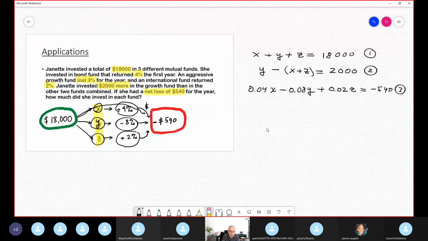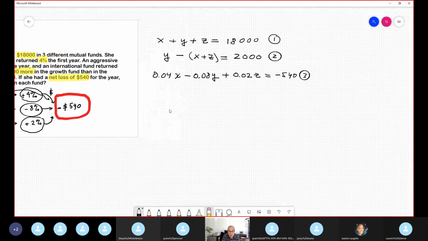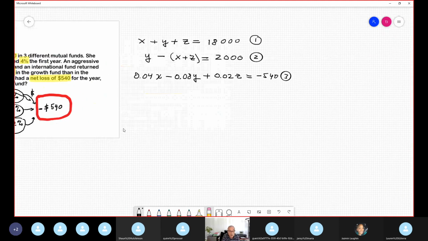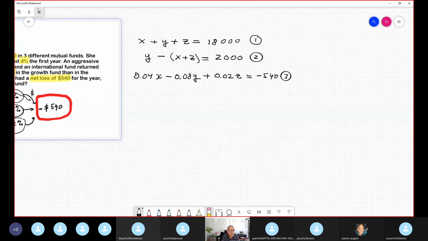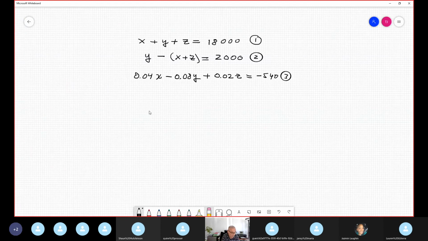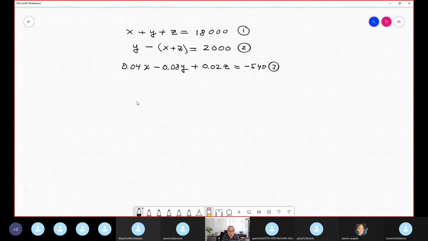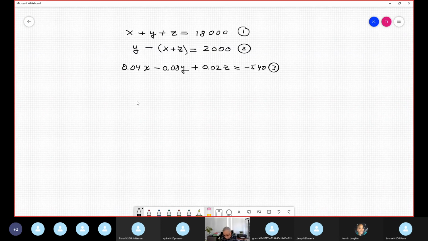Okay, so we start the problem now. After you understand very well the situation of the word problem, you set out the equation. In my opinion, this is the most complicated part. Now I need to start the algebra.